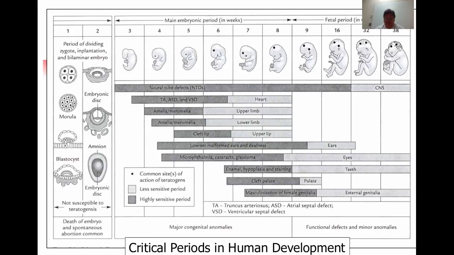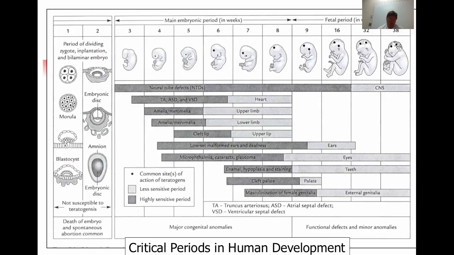What's really interesting is that it illustrates the critical periods in human development. During the first 2 weeks, to the far left there, the embryo is not usually susceptible to teratogens, and I'm going to define what a teratogen is in the next few slides.